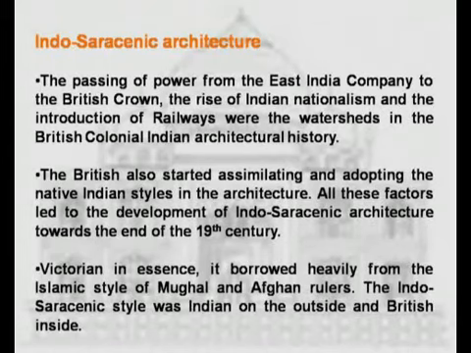New materials like concrete, glass, wrought and cast iron opened up new architectural possibilities. The British also started assimilating and adopting the native Indian styles in the architecture. All these factors led to the development of Indo-Saracenic architecture towards the end of the 19th century.